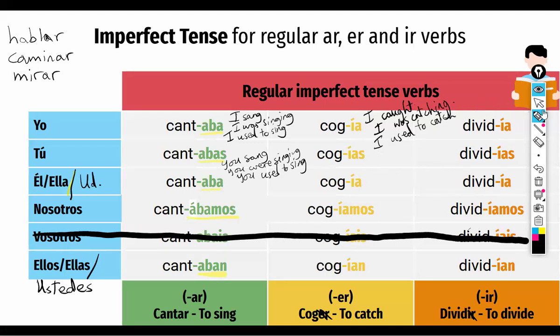All right. Cogías, so the tú form, í-as. Él, ella, usted cogía, í-a. Nosotros cogíamos, í-amos. Ellos, ellas, ustedes cogían, í-an, right? Dividía, í-a, dividías, í-as, dividía, í-a, dividíamos, í-amos, dividían, í-an, right?